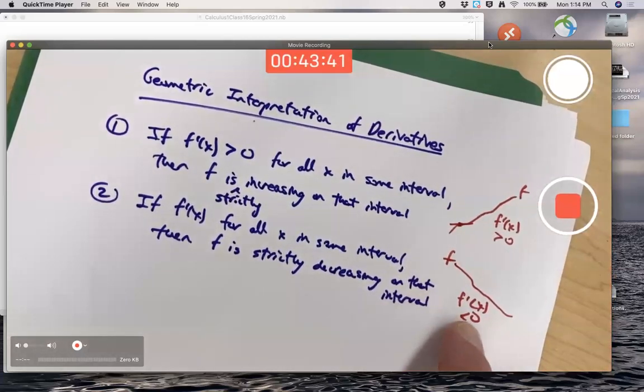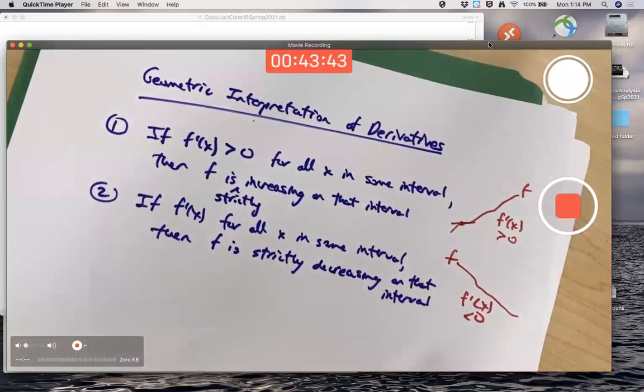If f prime of x is always negative, the graph is going down. If f prime is both positive and negative on some interval, then the graph goes both up and down. Make sense? What about second derivatives?